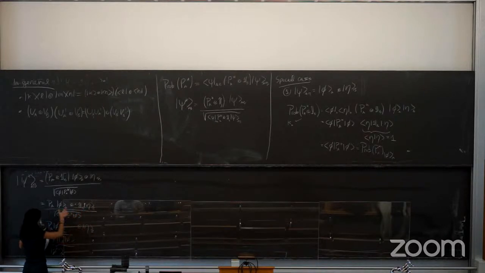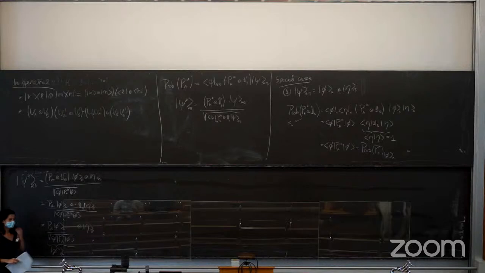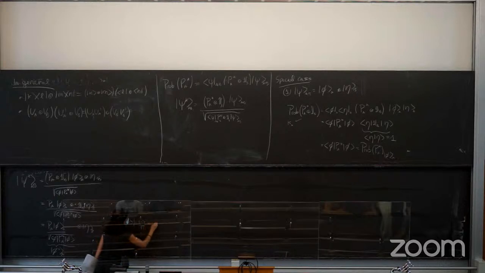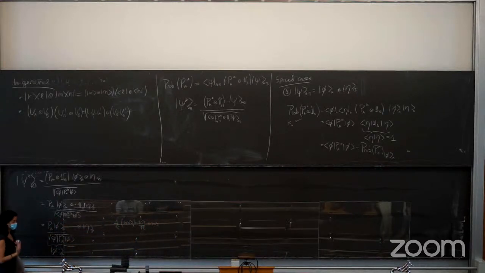And just for convenience, this number here, I put on the side of the fraction. It's like having 1 over square root of 2, 0, 0. I can write it like this, or I can write it on the whole thing. It's the same. It's just a number.